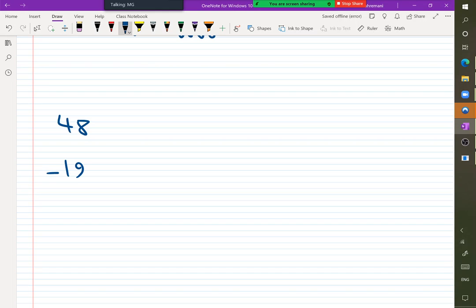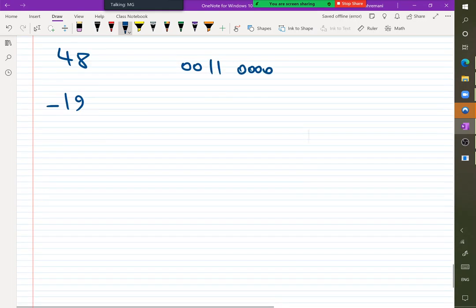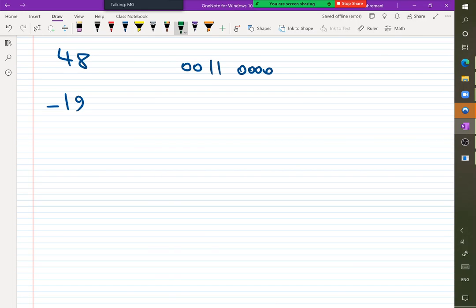So 48, of course, is 0 0 1 1 0 0 0 0. This one is 48. And negative 19, okay, so as we did for a previous example, 19 was equal to 0, 0, 0, 1, 0, 0, 1, 1.